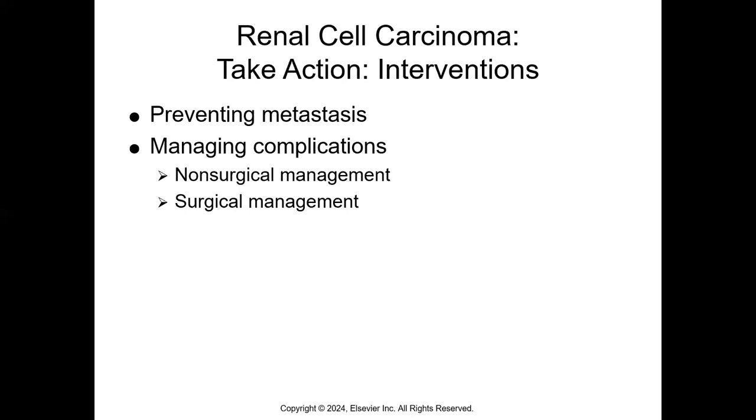When positioning our patient for surgery, the side with the kidney to be removed needs to be towards the ceiling. Radical removal takes lymph nodes too, in case the lymph nodes have been infected with renal cancer cells.